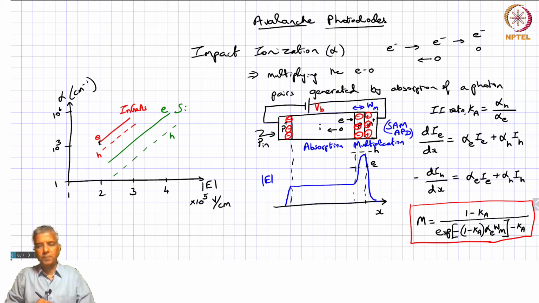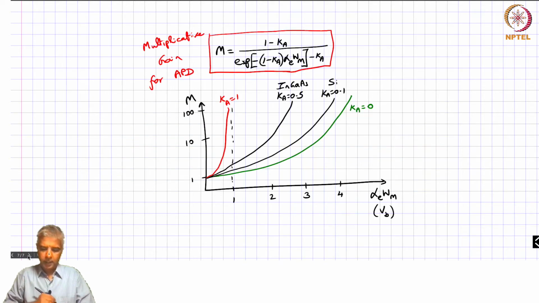We looked at how avalanche photodiode works. It's based on this impact ionization process, and then we came to the point where we were defining the multiplicative gain as a function of the bias voltage that we provide to the avalanche photodiode.